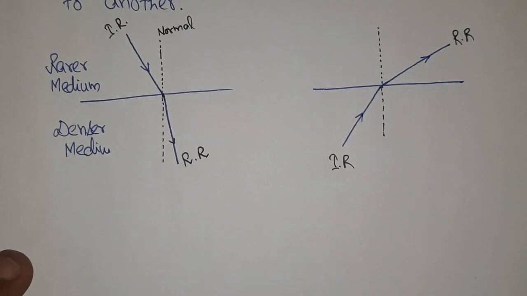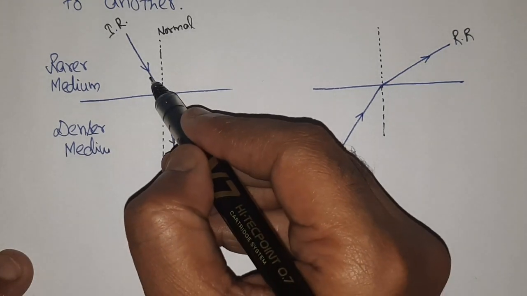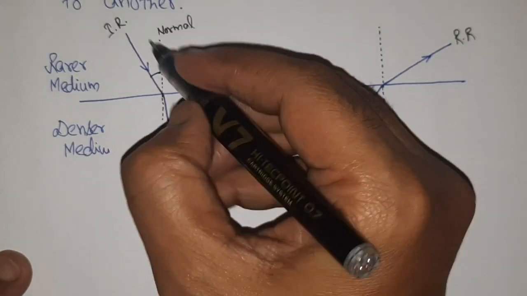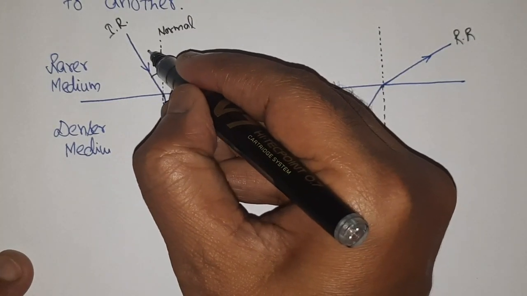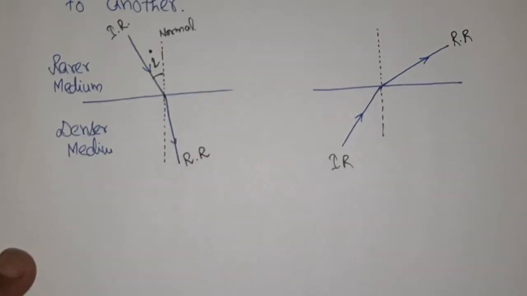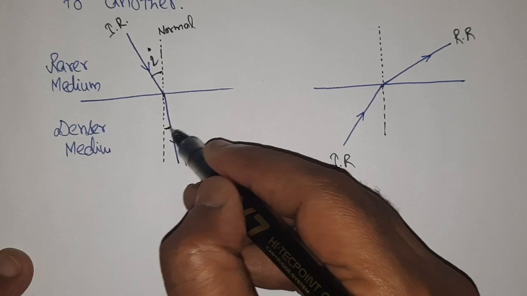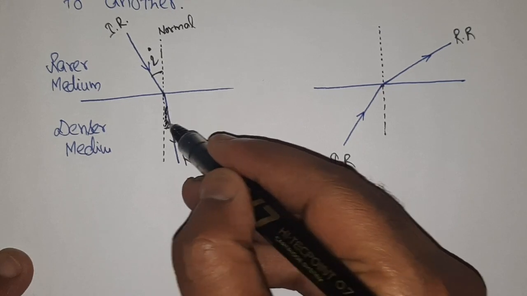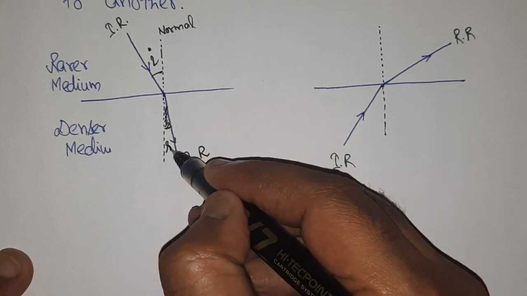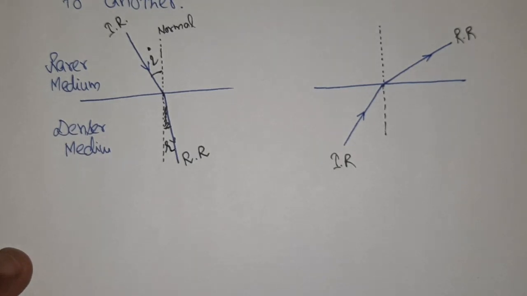Fine. Now, if we talk of angles, incident ray making an angle with normal, you were writing it as i, angle of incidence, and the refracted ray making an angle with normal, you were writing it as r, angle of refraction.